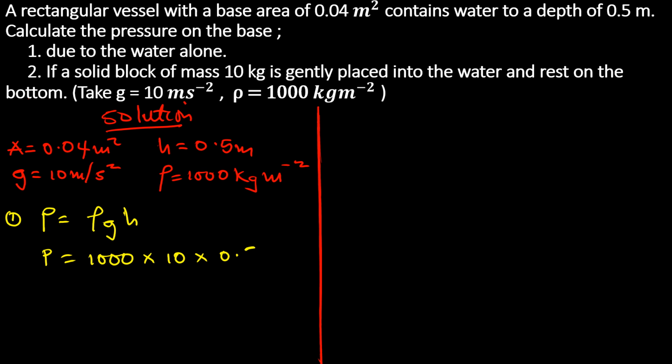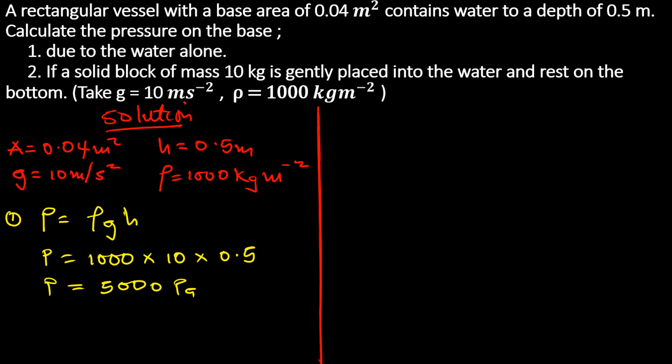By using the calculator, 1000 times 10 times 0.5 gives us 5000. So P, which is pressure, is equal to 5000 Pascal.